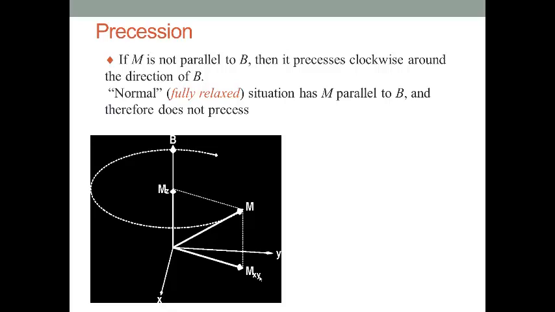For an MR image, you will know we need to tip the M from the direction of B to the Y direction. That we will see in the next several slides.